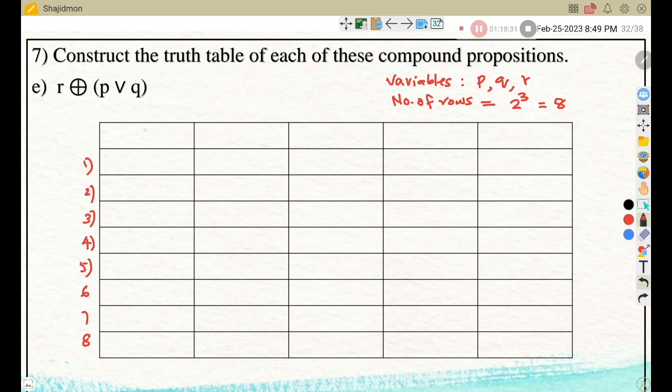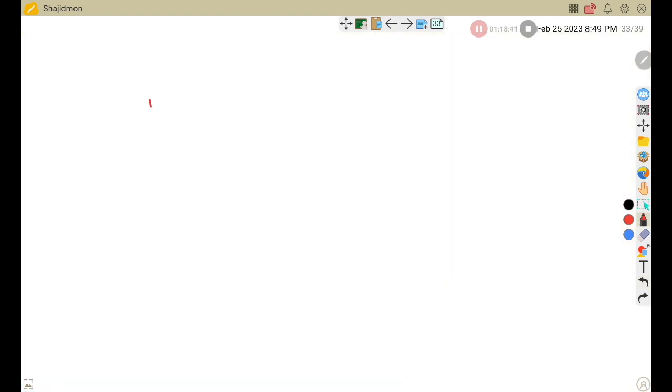So we will write the propositional variables P, Q, R first. Correct? Now what are the truth values, as I told you before? We have P, we have Q, we have R. The first propositional variable is either true or false. Now the second one also either true or false. Correct?